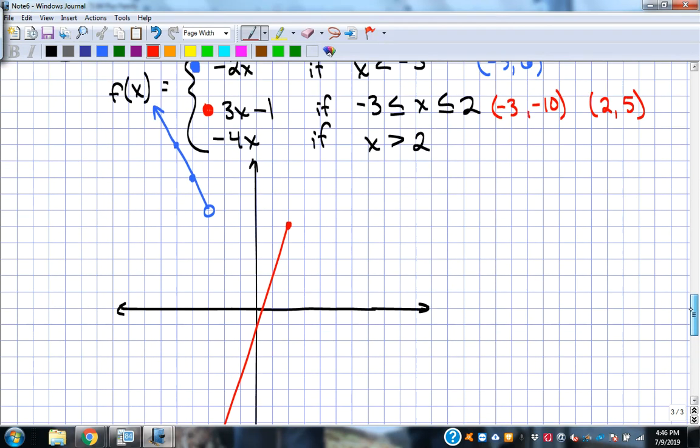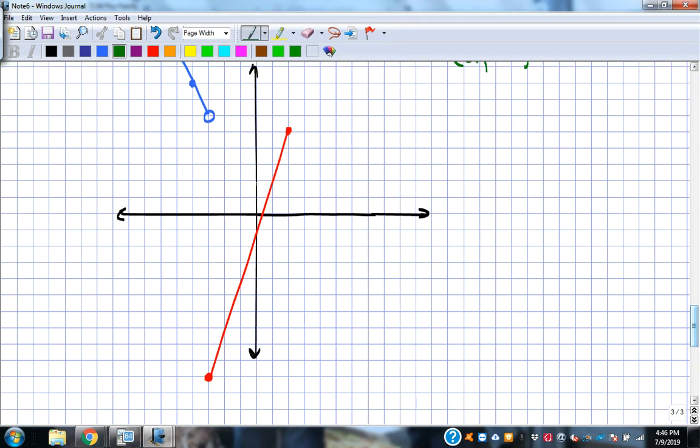The next piece, I'm going to do in green. It should have an important point at 2. Plug that 2 into this. -4 times 2 is -8. I'm going to go to 2, -8. Right there.